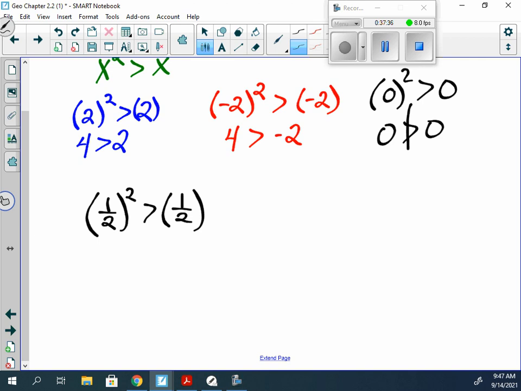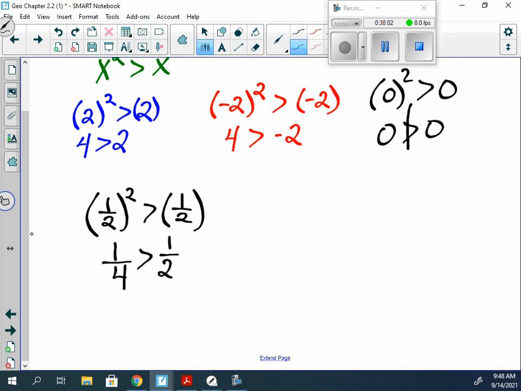We could also do fractions. 1/2 times 1/2. Does anybody know it? It would make it 1/4. Because we can square the top and bottom. 1 squared is 1. 2 squared is 4. And we're saying that this would be greater than?